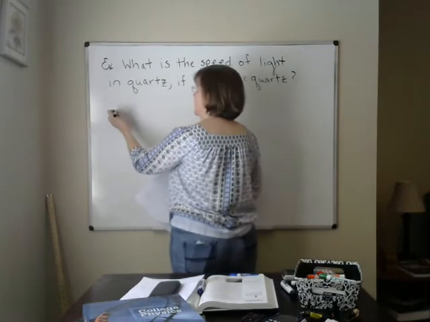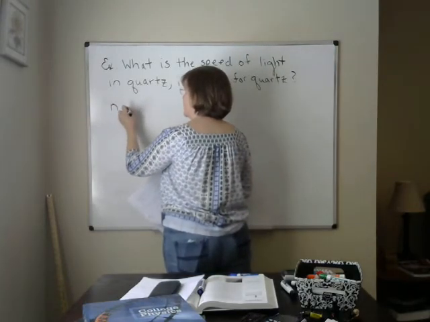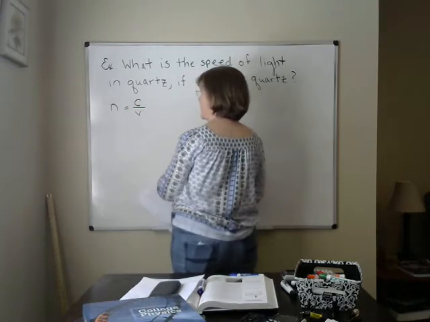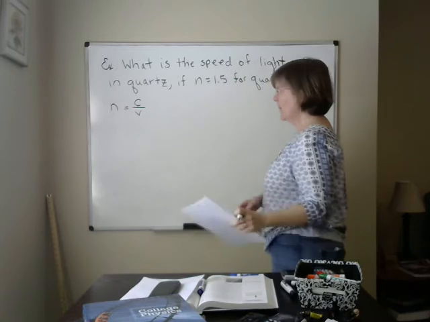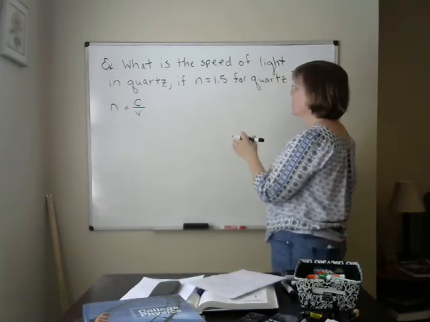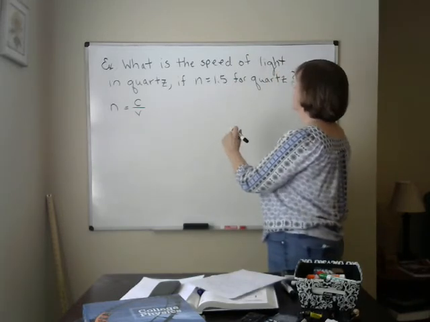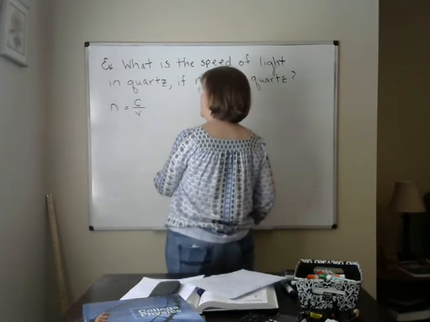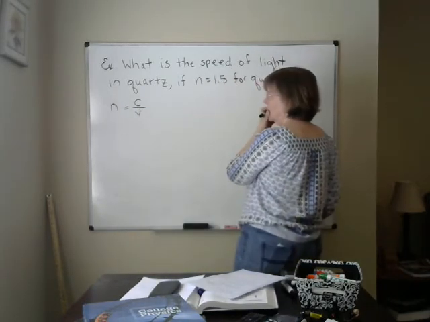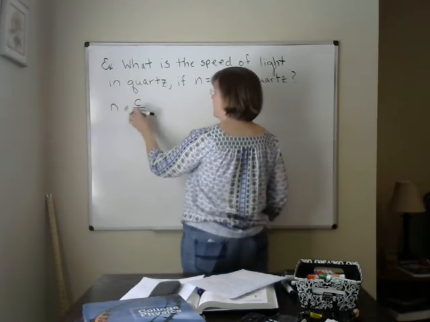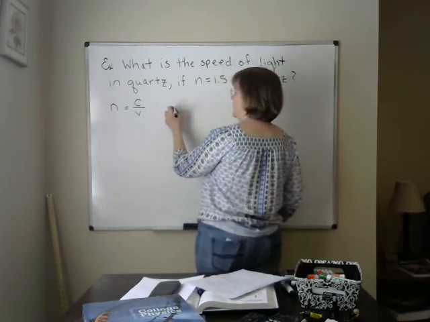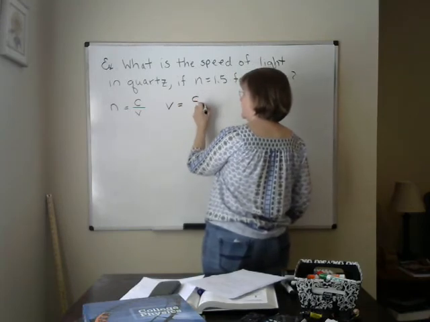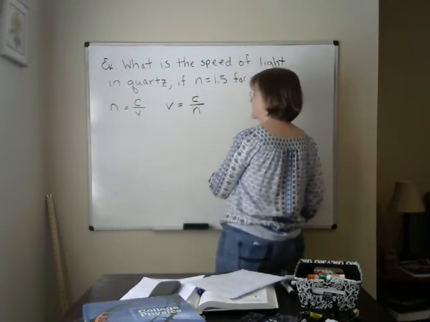We know that the index of refraction is equal to c over v. If I want to know v, which is what I'm looking for, I know the index of refraction, I know c. It may help you to think that formula rearranges to be that v is equal to c divided by n.